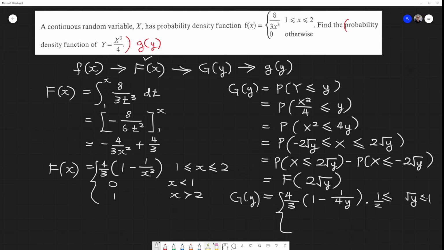And then I'm going to square both sides, and that's going to give me 1/4 less than or equal to y, and less than or equal to 1. Okay, so anything below 1/4 is going to be 0. So we can put 0, and then the domain is y is less than 1/4. Anything greater than 1 is going to be 1. And so our CDF is now well defined.